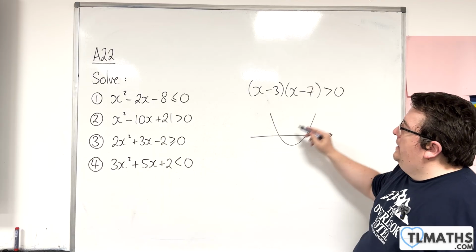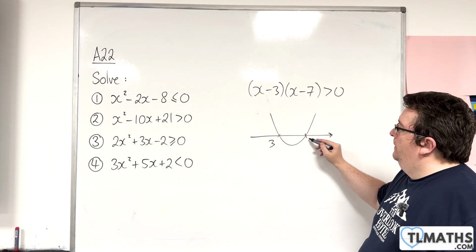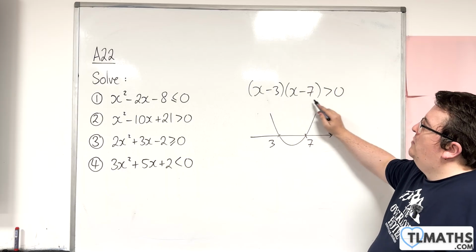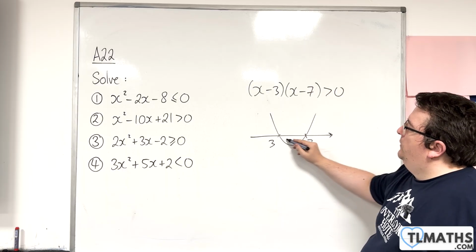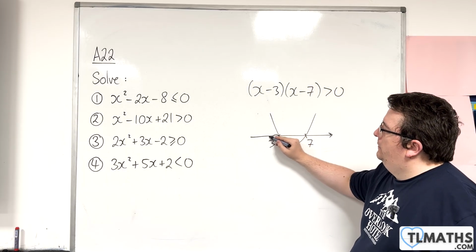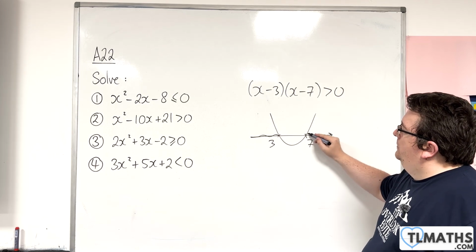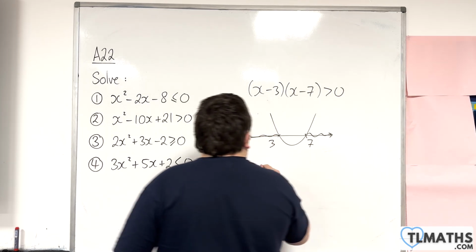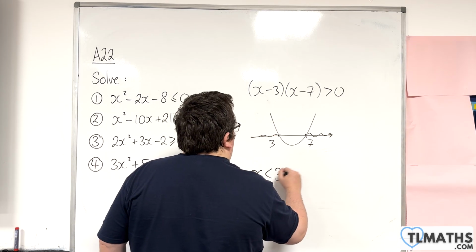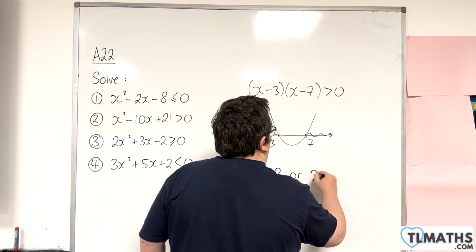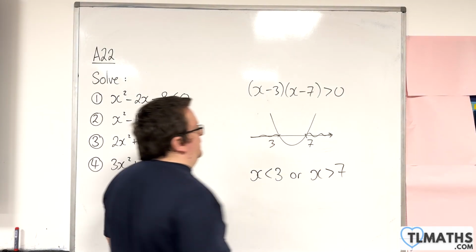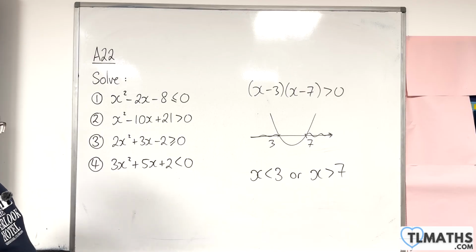It's going through 3 and 7. Where is the parabola above the x-axis? That's there and there. So when x is less than 3 or when x is greater than 7. And that solves my inequality.